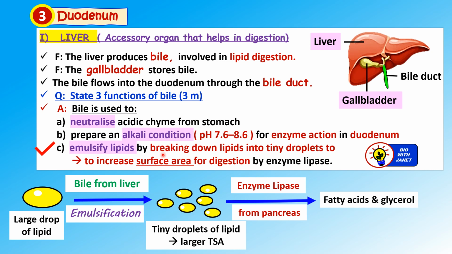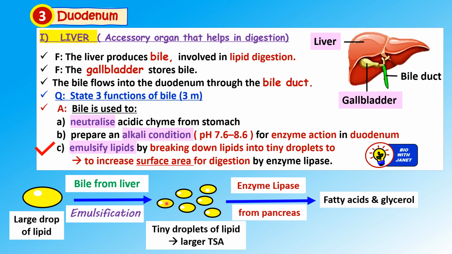Now, lastly, a very important function of bile is to emulsify lipids by breaking down large lumps or drops of lipids into tinier droplets to increase the surface area for digestion by the enzyme lipase. So bile doesn't contain the enzyme lipase, it doesn't contain any enzyme. Its main function is just to break down the large drops or lumps of lipids to form smaller droplets of lipids. In this way, the total surface area of the droplets increases.